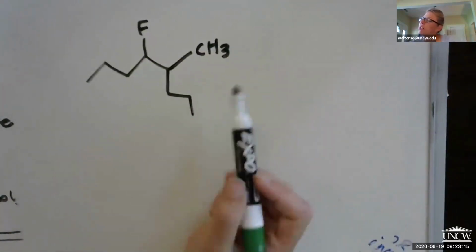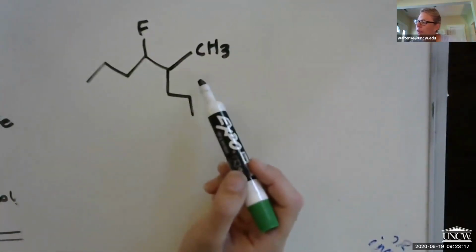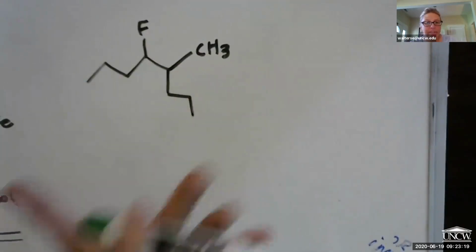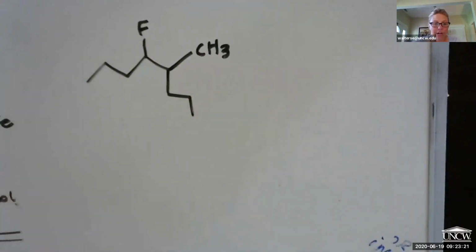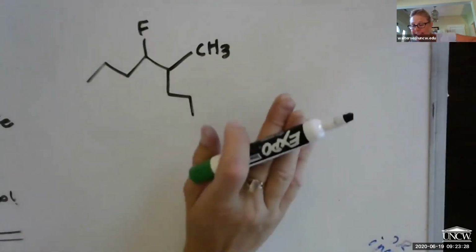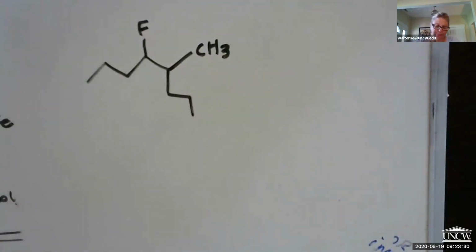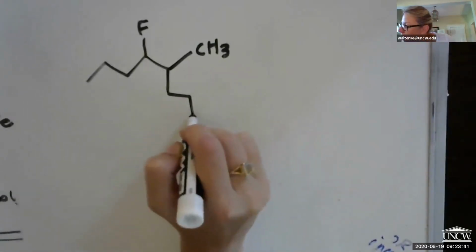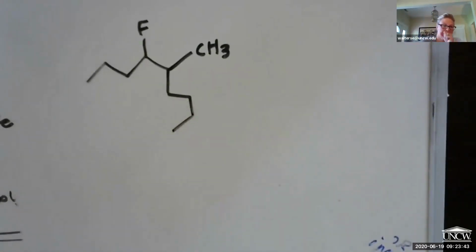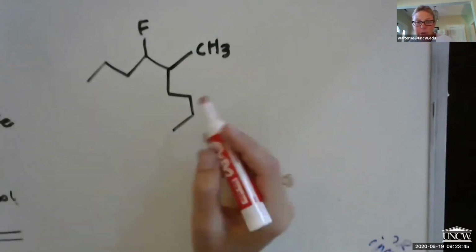Now this would be chiral, but I'm going to just keep it flat so we don't have to do R and S. If you want to do R and S on this, I can add stereochemistry. Okay, so the first thing you have to do, actually let me make this one longer, is find the longest carbon chain.